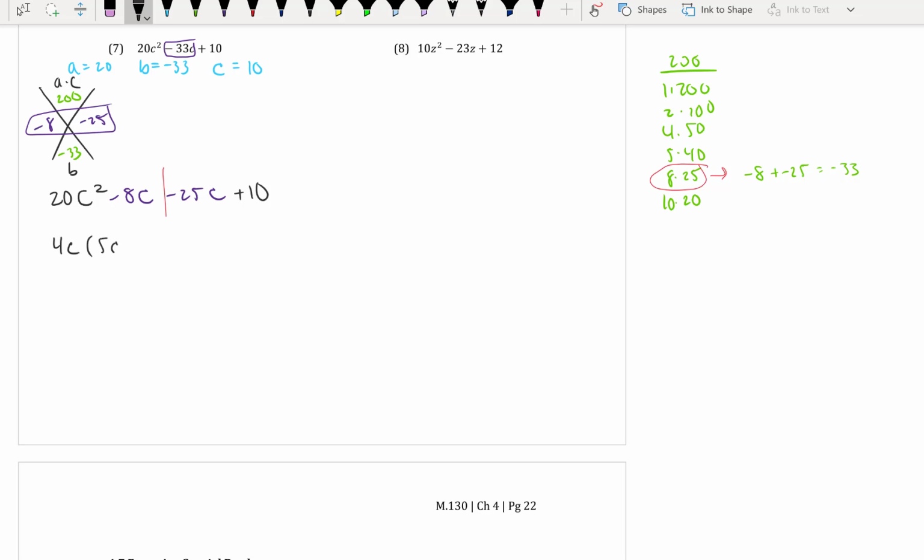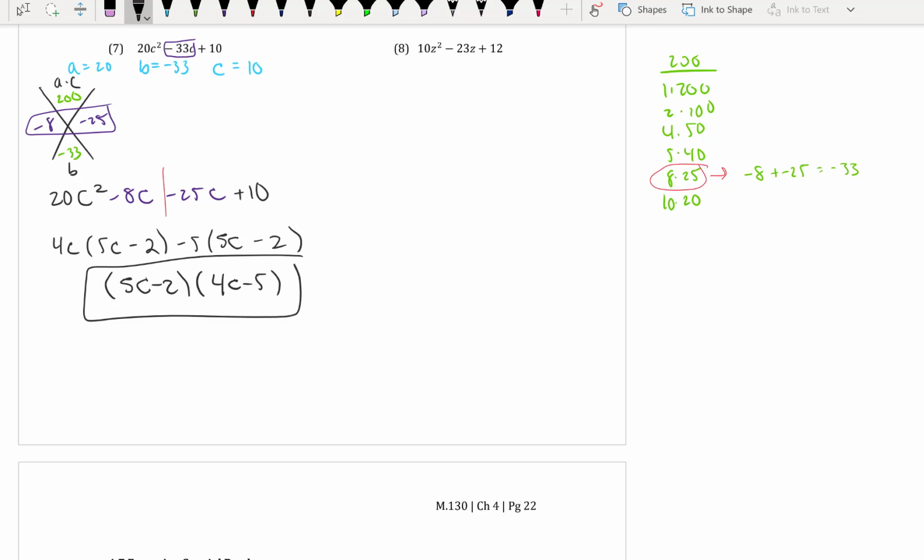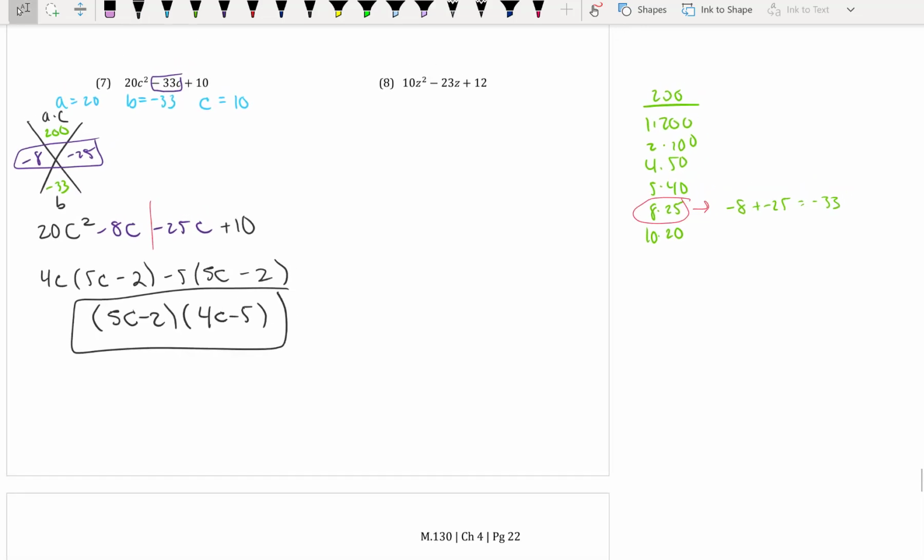So I'm left with a 5c minus 2. I will have a negative 5. So the common parentheses is 5c minus 2, and my leftover is 4c minus 5. Okay. And that is how I end up getting that final answer.